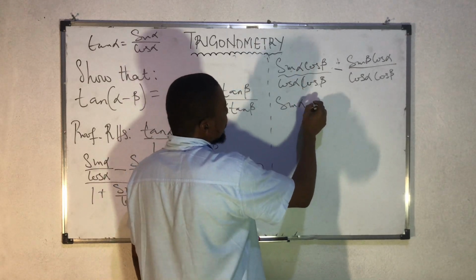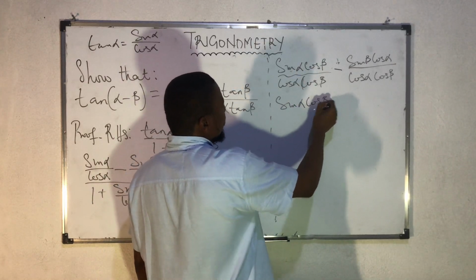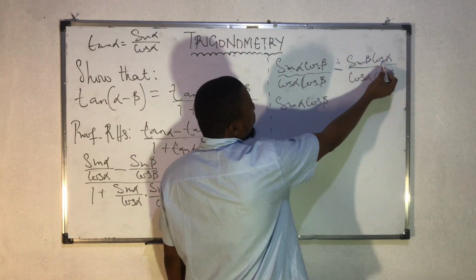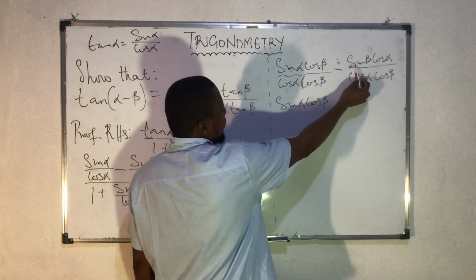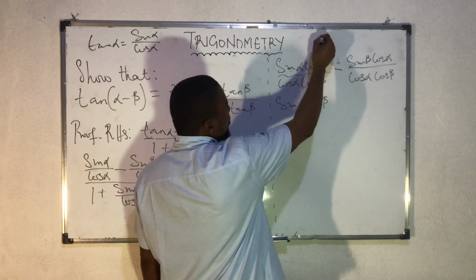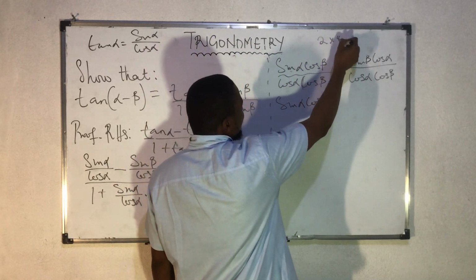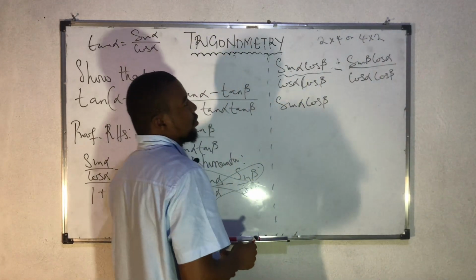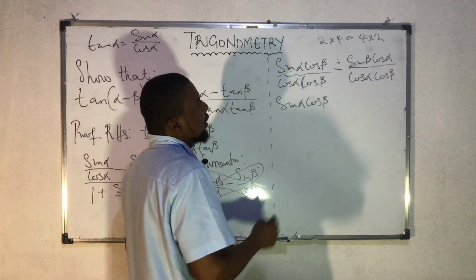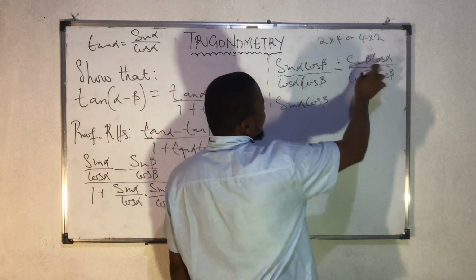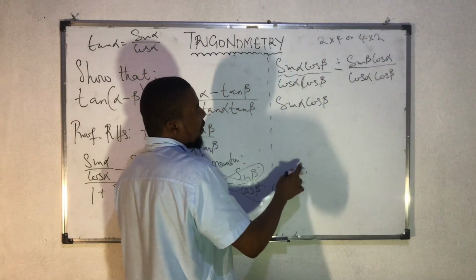Okay, therefore we're going to have sine alpha cos beta. Permit me to put the cos alpha first. Multiplication is commutative. It doesn't matter whether you say 2 times 4 or 4 times 2. So since multiplication is commutative, we can put the cos first and the sine after.